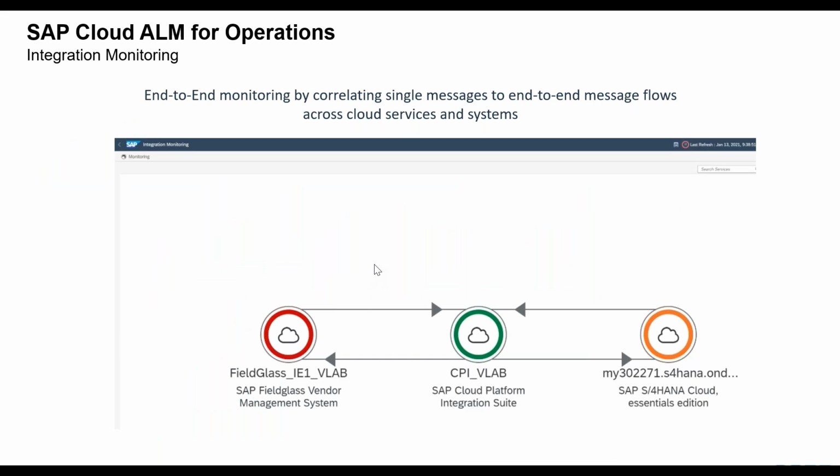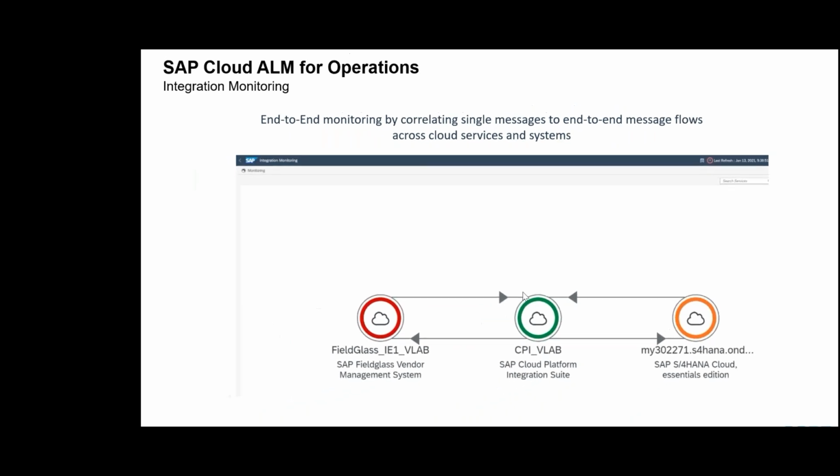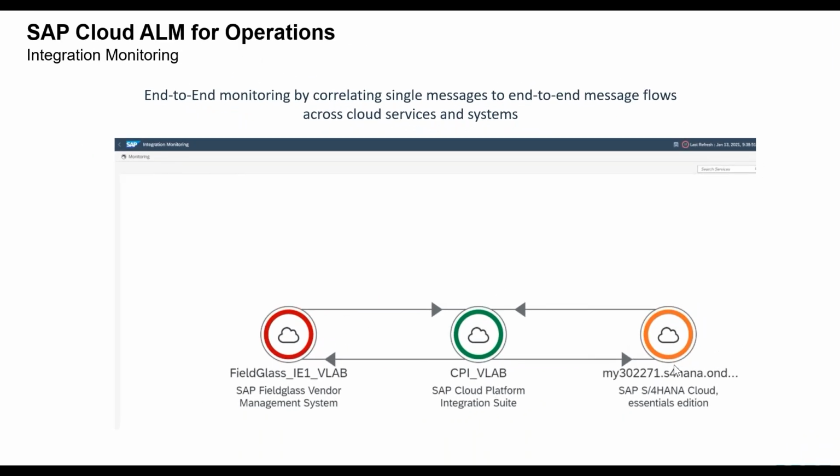And then just to give you an idea of what these messages look like from an end-to-end monitoring perspective, think of, for example, a message that flows from Fieldglass from a vendor into your integration suite, and then at some point reaches your S/4HANA environment. You could pretty much monitor that message from its initiation all the way to S4, and also if it responds back with any type of information.